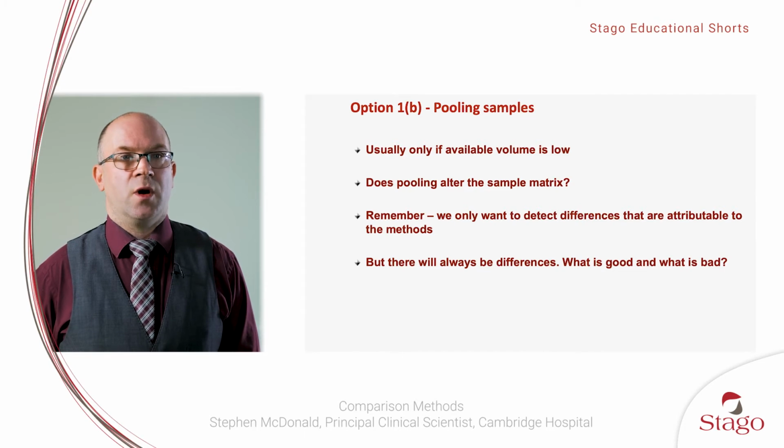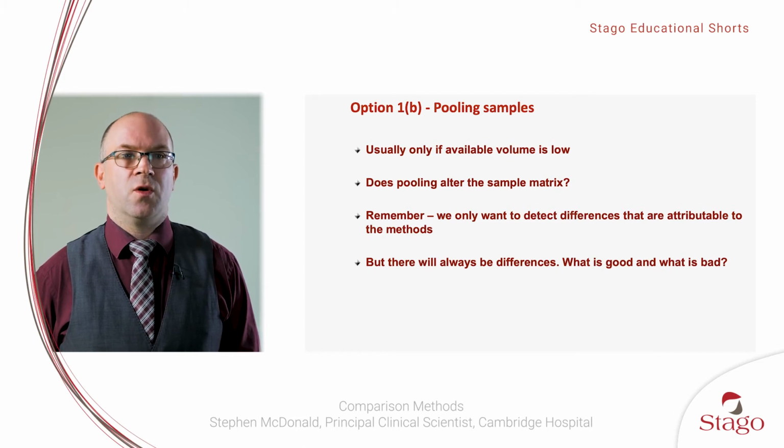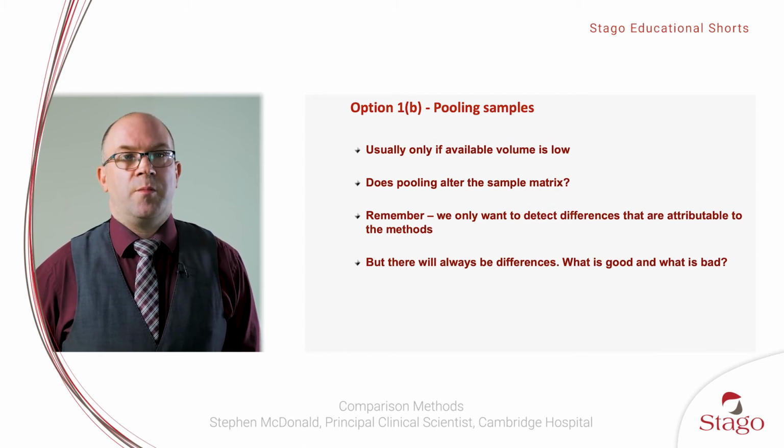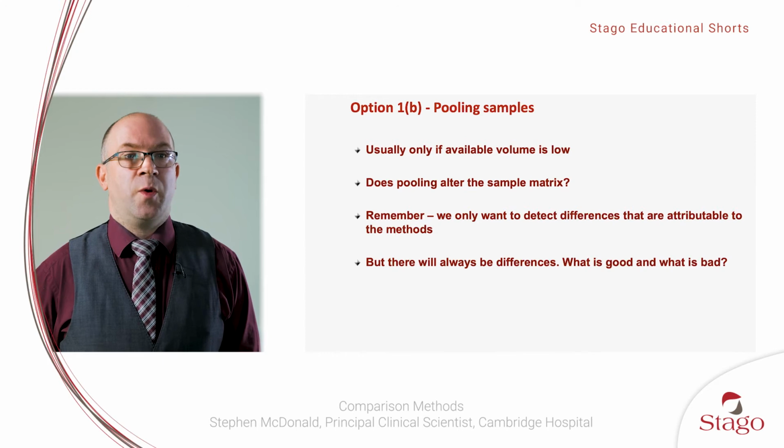We do have time on our side for collecting samples, although samples at clinical decision points can sometimes be difficult to get our hands on. Pooling samples, in my opinion, should really be a last resort, because we're introducing potential sources of changes in the sample matrix that we're not controlling for. And that's the bottom line.